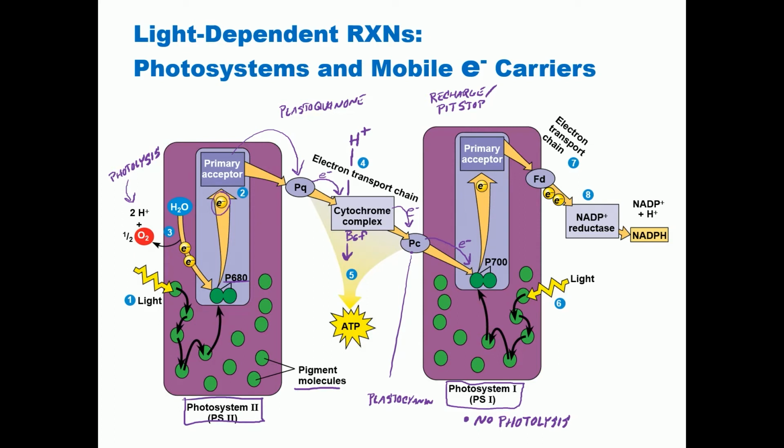Now, why is the first photosystem called photosystem 2 and the second photosystem is called photosystem 1? Because we discovered photosystem 1 first and photosystem 2 second, and then we figured out that actually 2 came before 1. And sometimes in science, it would be too hard to convince everyone to change how we've named things. And so we don't.